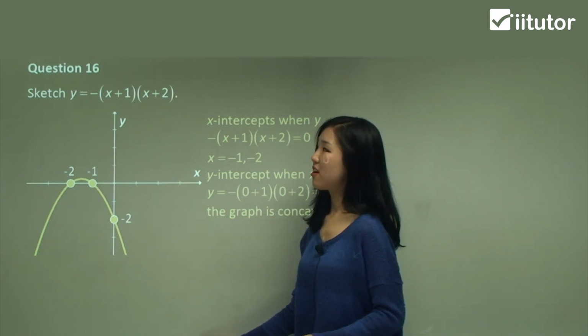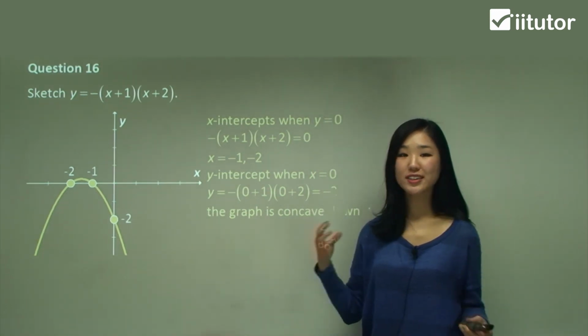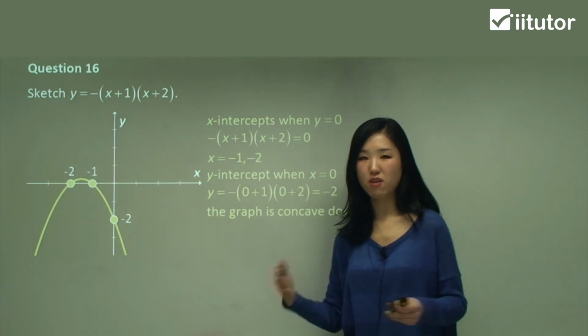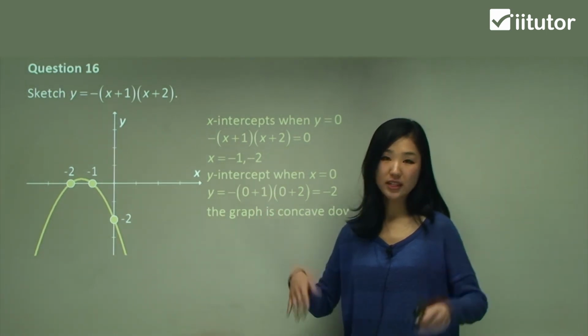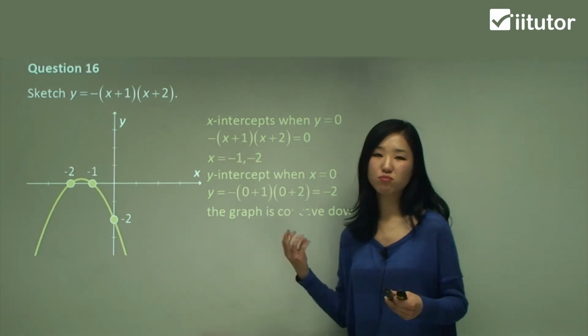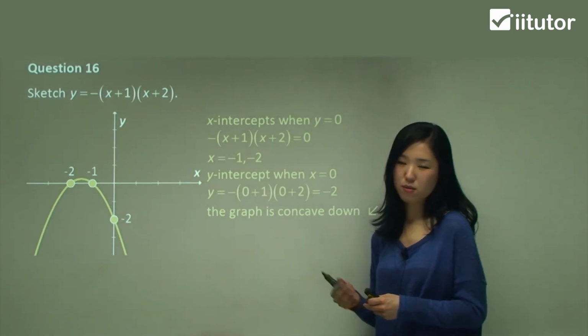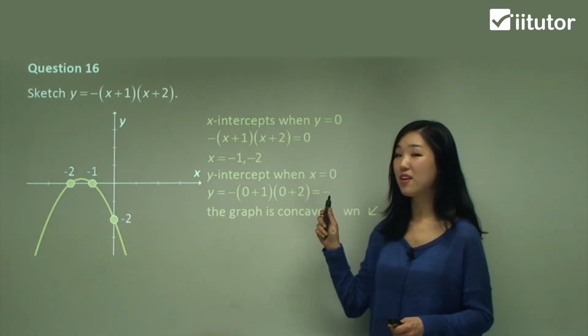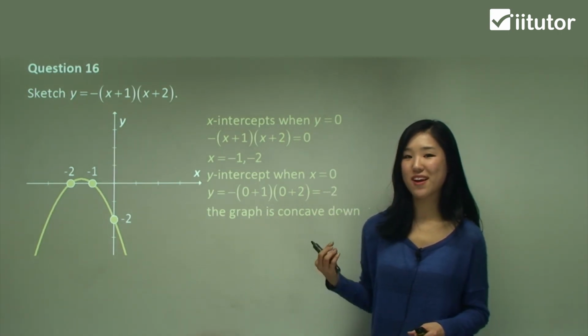All you need to know for this part is how the vertex changes, because sometimes the graph not only shifts just left or right or just up or down, it has multiple transformations. So make sure you can find the vertex more accurately with those. And of course with this one, make sure you're very careful about your x and y intercepts.